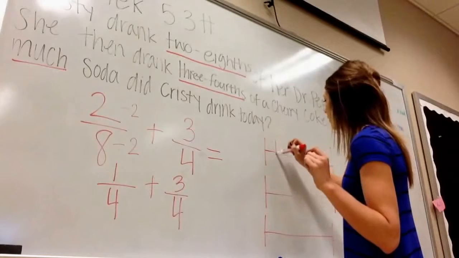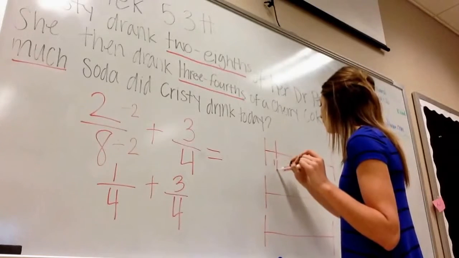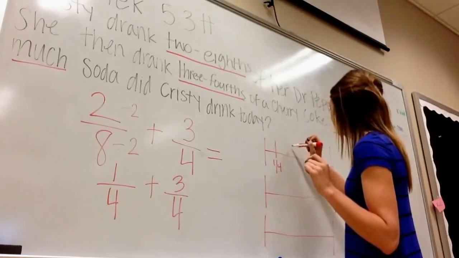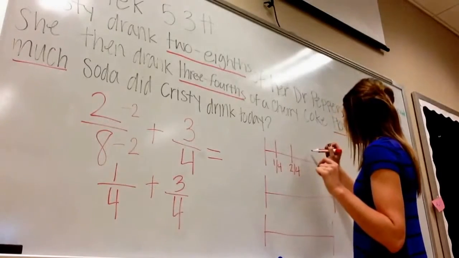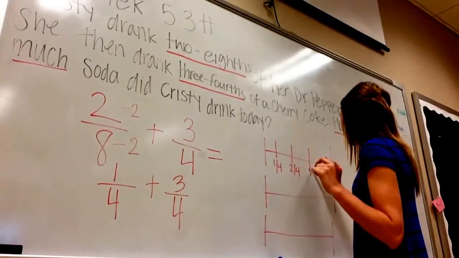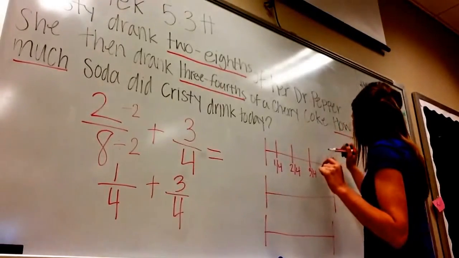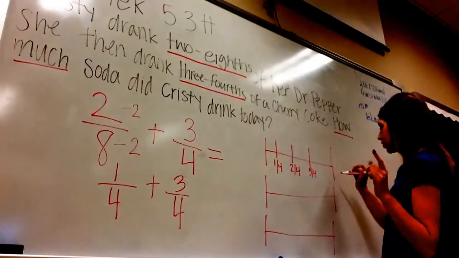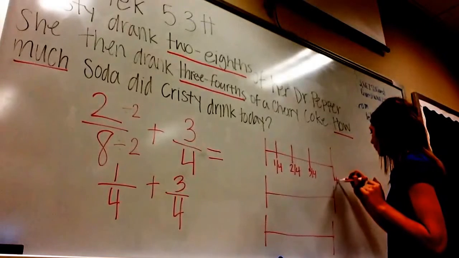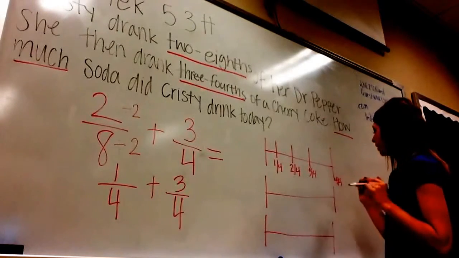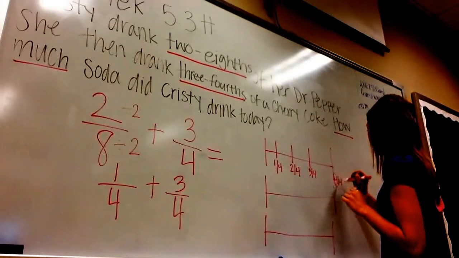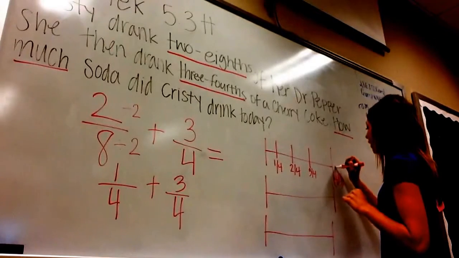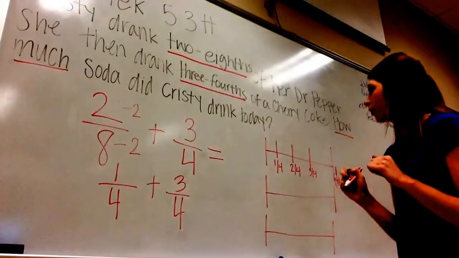So this is 1 of the 4 parts, 1/4. 2 of the 4 parts, which is 2/4. 3 of the 4 parts, which is 3/4. And 4 of the 4 parts, which we know that when the numerator and the denominator are the same, it equals 1 whole. So in parentheses, I'm going to put that 4/4. I'm going to write 1 since we really want to focus on that whole.